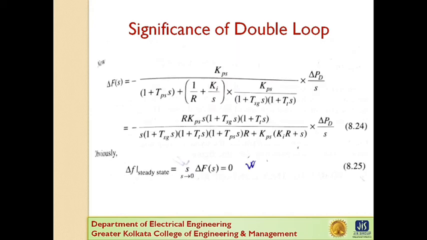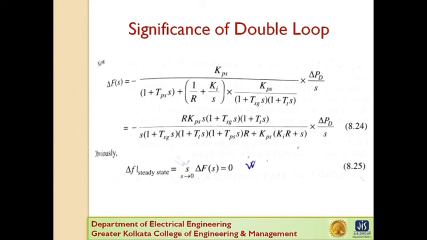Now delta F of S is equal to minus KPS by (1 plus TPS into S) into the bracket of (1 plus 1 by R) plus Ki by S into KPS by (1 plus S TSG) into (1 plus TT S) into delta PD by S. Now this simplifies to minus R KPS S into (1 plus S TT) by S into (1 plus S TSG) into (1 plus S TT) into (1 plus S TPS) into R plus KPS, plus KPS into Ki R plus S, into delta PD by S.